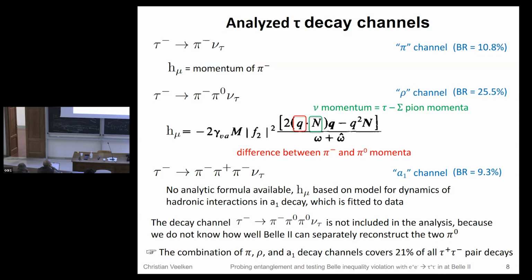The only complication is that there's no simple analytic equation that you could derive from first principles for the polarimeter vector. What you need to do instead is cook up a model for the dynamics of the hadronic interactions in the a1 decay, and then fit the parameters of this model to data.